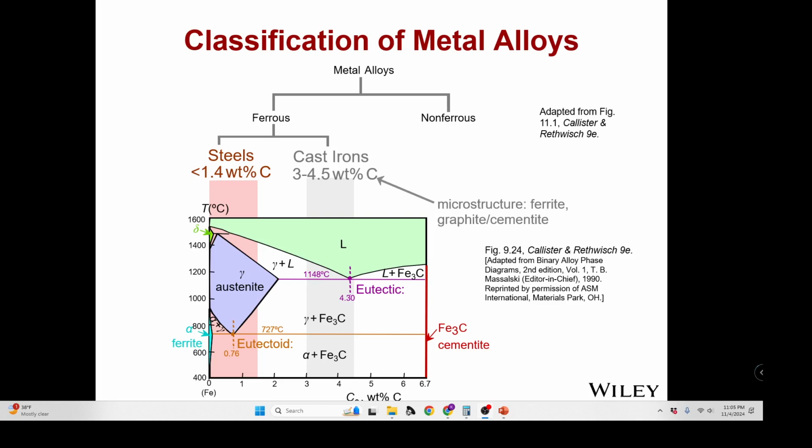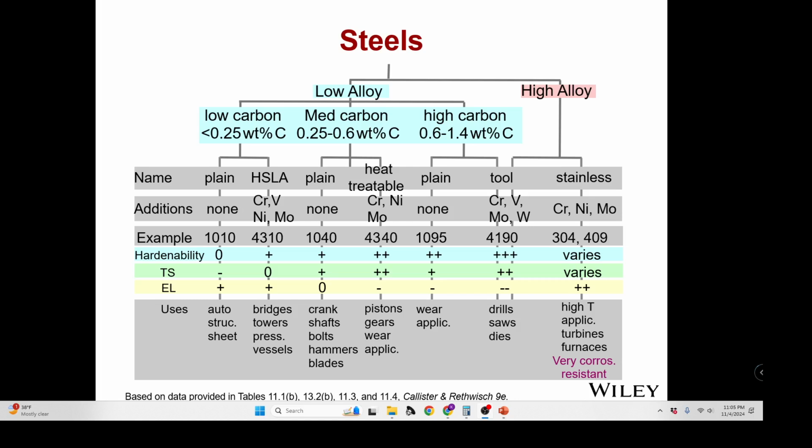Again, cast irons range from about 3 to about 4.5 weight percent carbon. Steels are typically below 1.5 weight percent, about 1.4 weight percent carbon. So high carbon steel is the region in between those. So high carbon steel or a high alloy is going to be above about 1.4 weight percent.